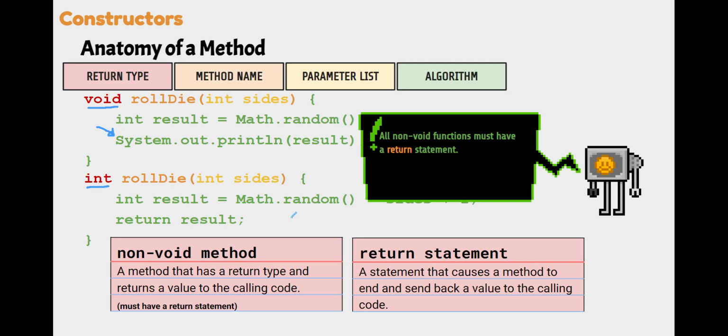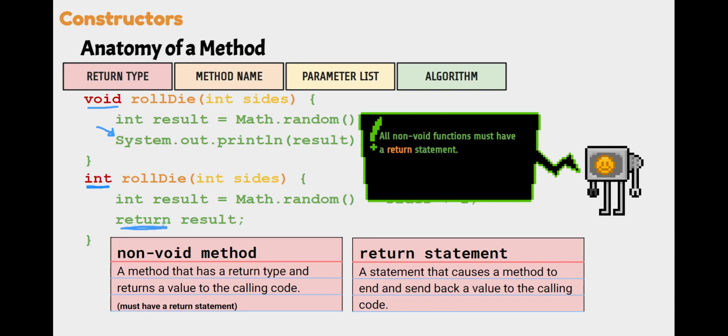So a non-void method is a method that has a return type and returns a value to the calling code. So the second example will give some data back to us, and it is going to be data of type int. That's what this return type up here indicates. In order for something to be a non-void method, not only does it have to have a return type up here, it also needs to have a return statement inside of its algorithm.